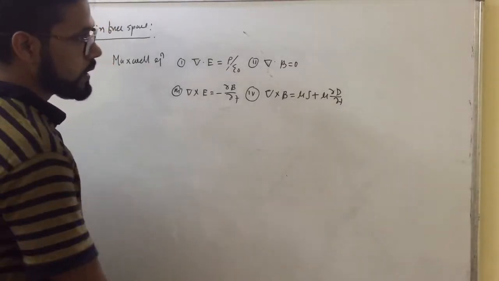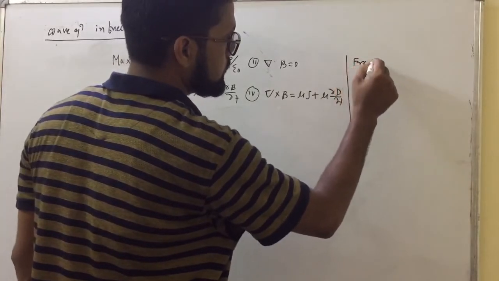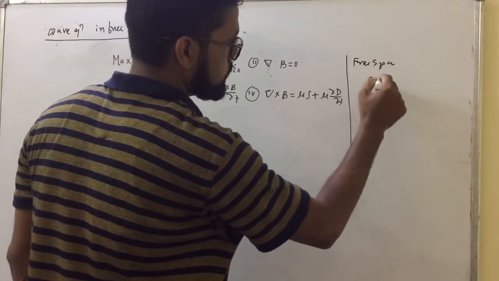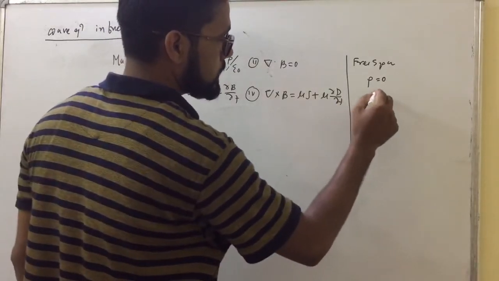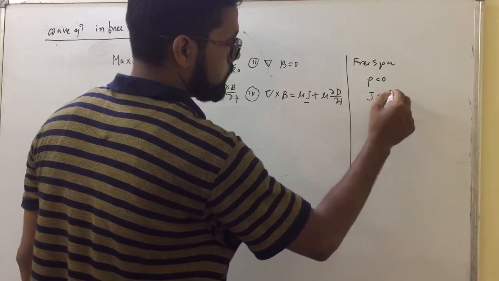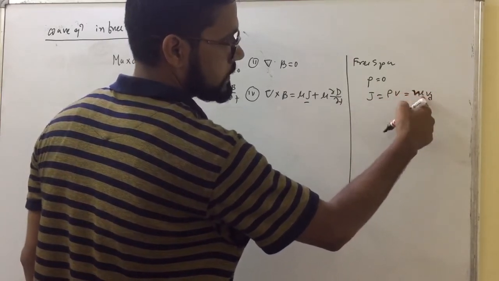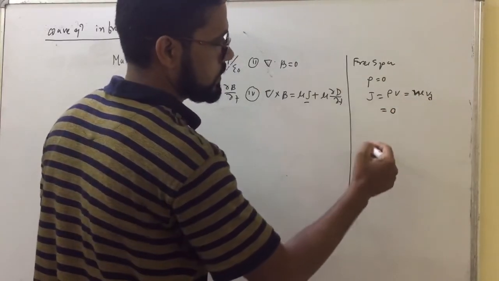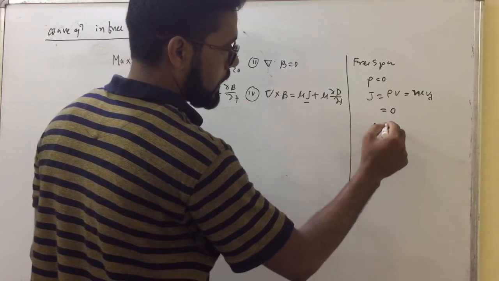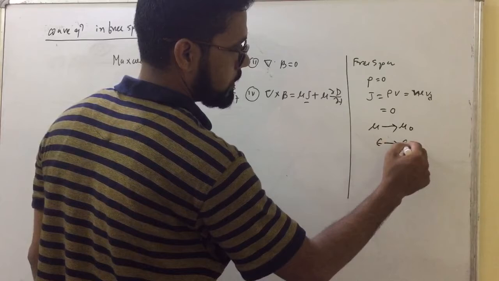But in case of free space, what happens? In free space rho is equal to 0. Number two, J equal to rho v, or n e v_d, where e is the charge, n is the density, and v_d is the drift velocity, is equal to 0. And mu tends to mu naught, epsilon tends to epsilon naught.